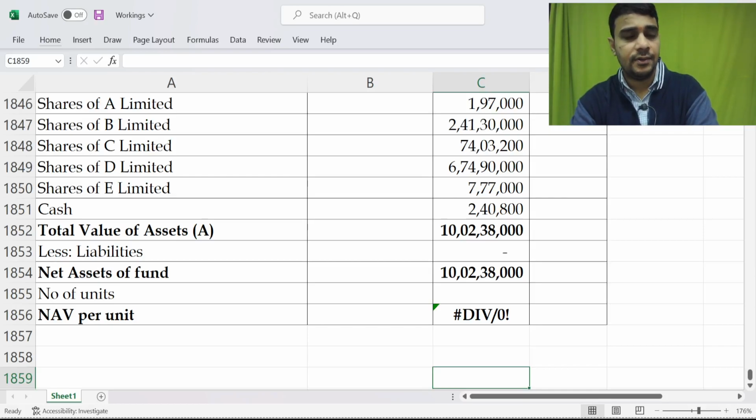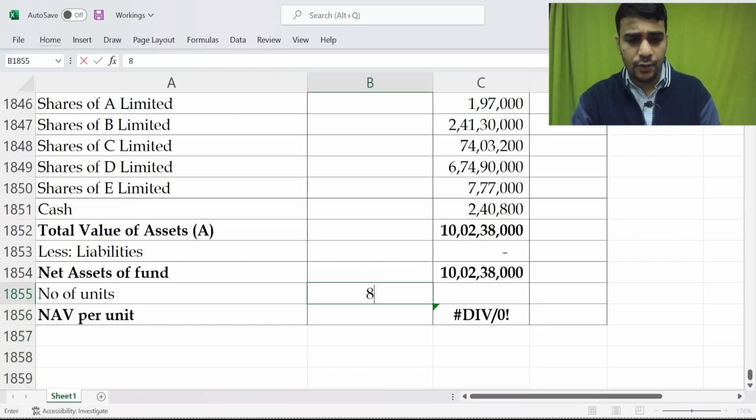Complete till this. I'll proceed ahead now. Now, what is the units in part 1 of the question? 8 lakhs.